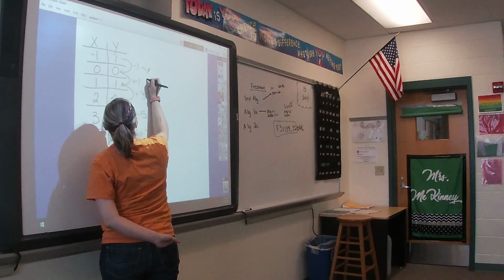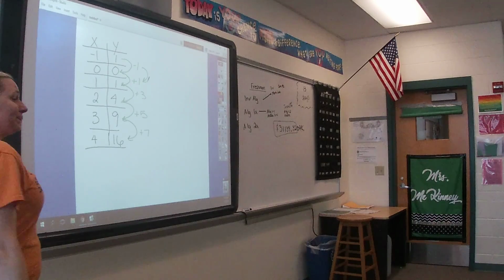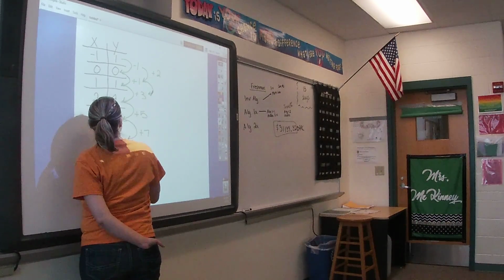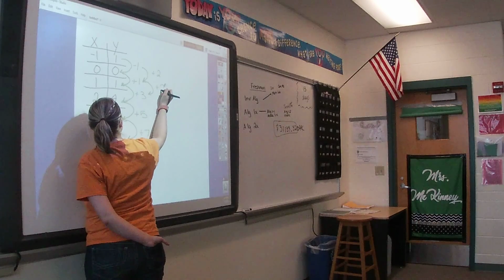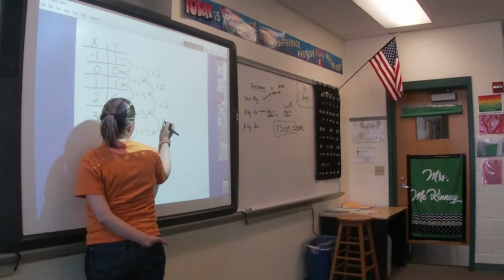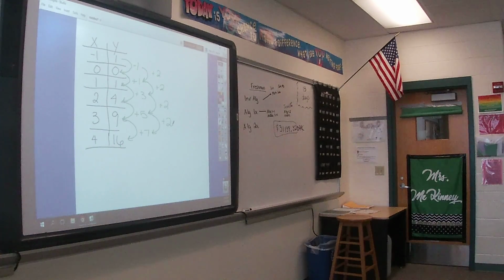Negative 1 to 1, that's plus 2. Now it's going to be plus 2 again, plus 2. Because all those are equal, now it matches the second time we go out.